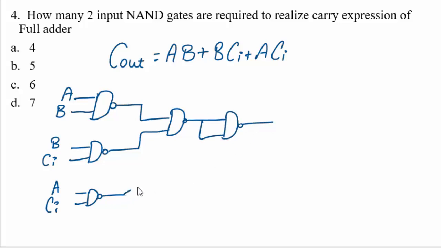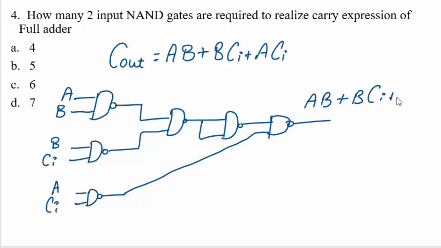Next, I am going to feed this data to one more NAND gate. So this is the expression you will be getting: AB plus B times carry input plus A times carry input.